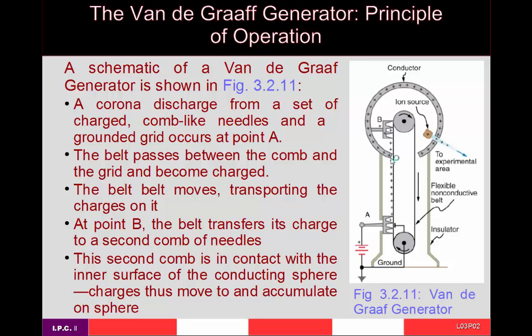And because the comb is in contact with the conductor, since all the charges need to be at the surface of the conductor, these charges flow from the comb up onto the surface, and we just keep adding more and more charges to the surface, because everywhere on the surface, including the comb itself, should be at an equal potential.